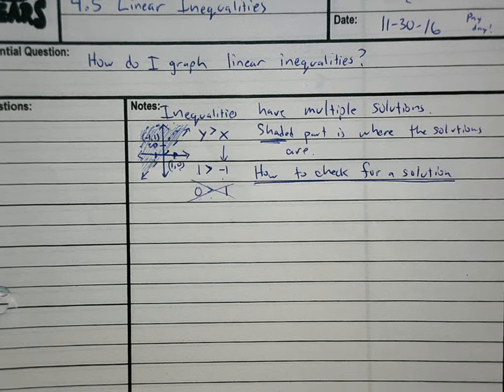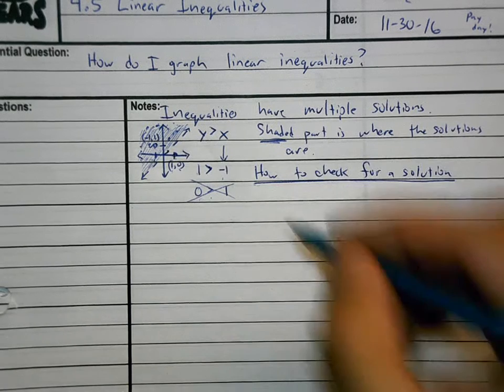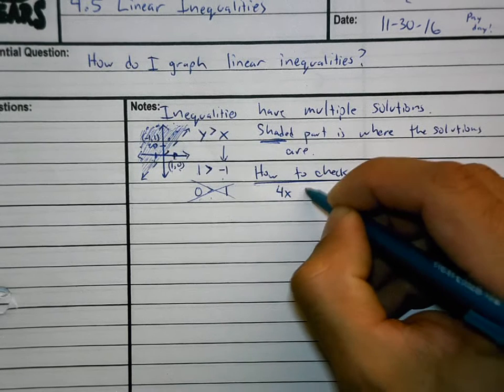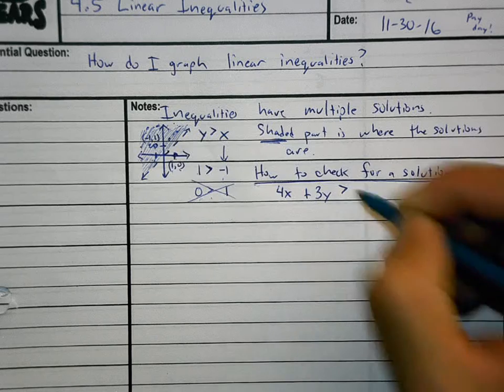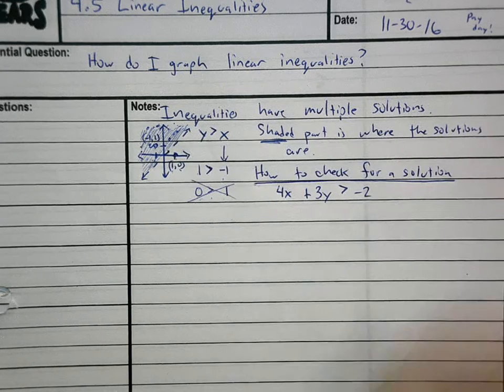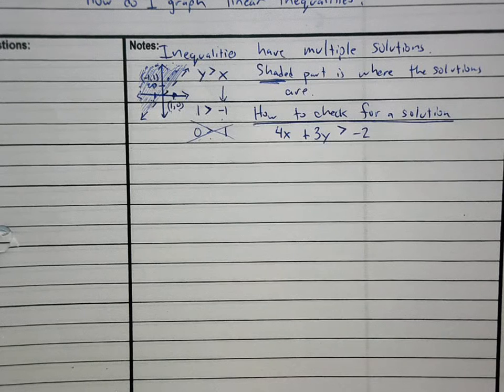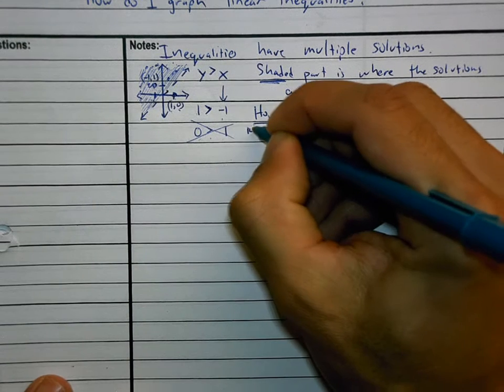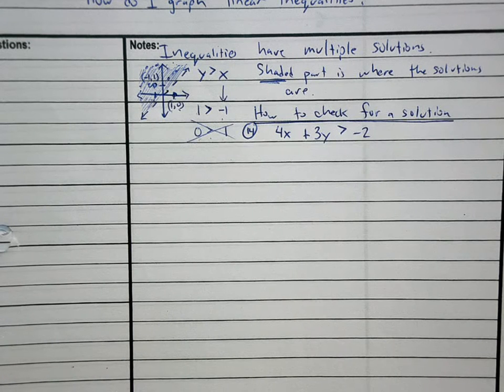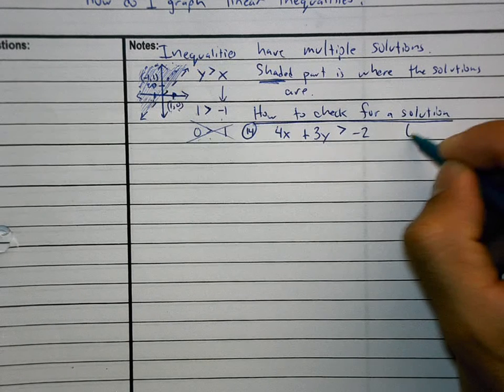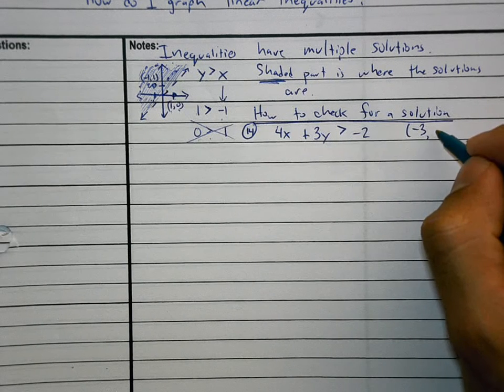Let me give you an example. 4x plus 3y is greater than negative 2. And I'm going to put number 14, and I'm going to circle it because this is number 14 on your worksheet today. 4x plus 3y is greater than negative 2, and there's a solution which is negative 3 comma negative 1.